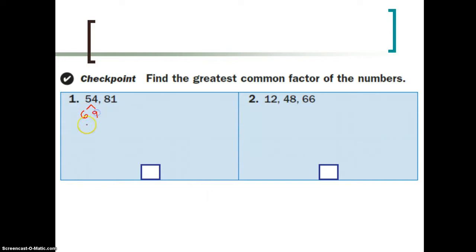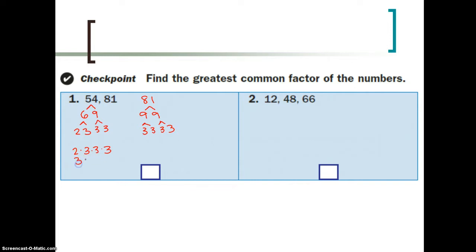54 is 6 and 9, which becomes 2 and 3. Then this is 3 and 3. So you have a 2 times 3 times 3 times 3. 81 is 9 and 9, which becomes 3 times 3 and 3 times 3.